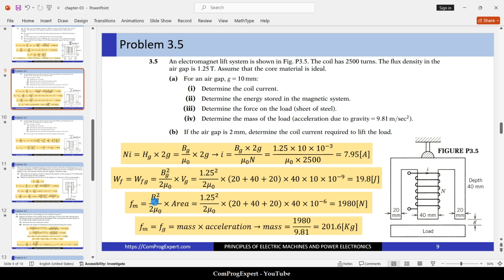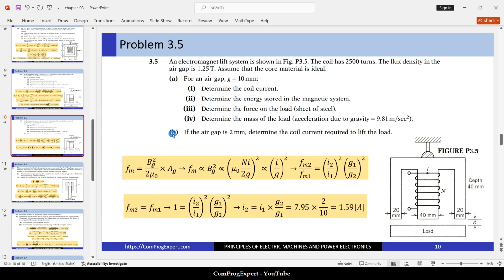This is the point of the problem. For this case, again, we have this equation: the force is proportional to B gap squared, which is proportional to this expression. In this case, because we change the value of the current, we should consider both current and gap thickness, unlike the previous case.